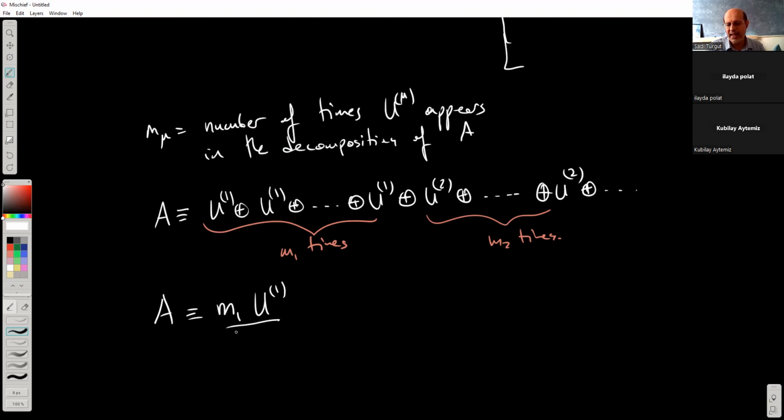By this, I don't actually mean that U1 matrices are multiplied with M1. It's just that U1 appears in here M1 times. That's a notation that we are going to keep using.